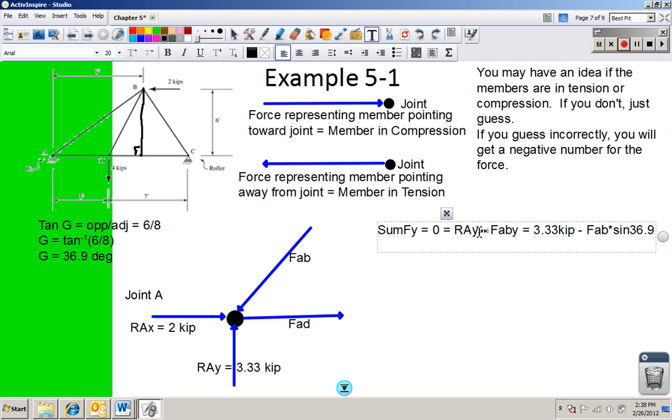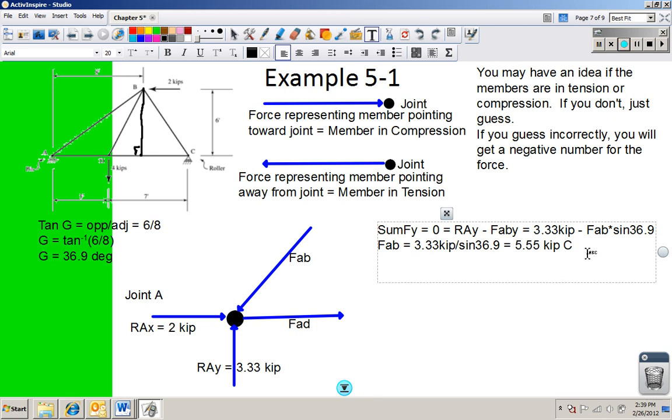Okay, so that means FAB is equal to 3.33 kips divided by the sine of 36.9 degrees. And that means that FAB is equal to 5.55 kips. Okay, now we drew FAB pointing towards the joint. Look here, we said pointing towards the joint means it's in compression. So we have to write a C after it for compression.